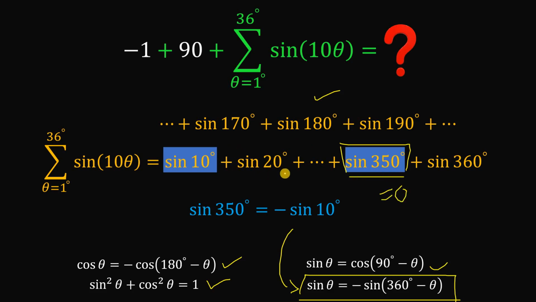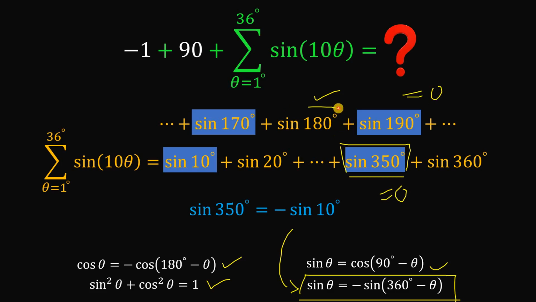And also, sine 20 degrees and sine 340 degrees is also 0. Also, sine 170 degrees plus sine 190 degrees is just 0. And we all know sine of 180 degrees is just 0 also, and sine of 360 degrees is just 0. So all of these are gone because they are just 0.